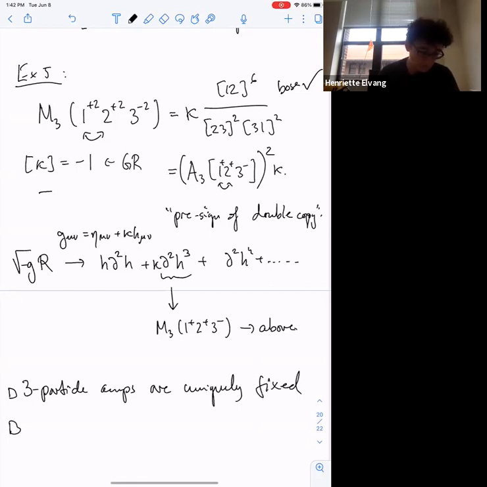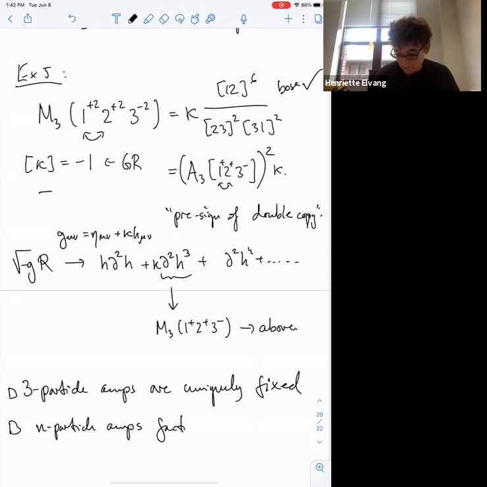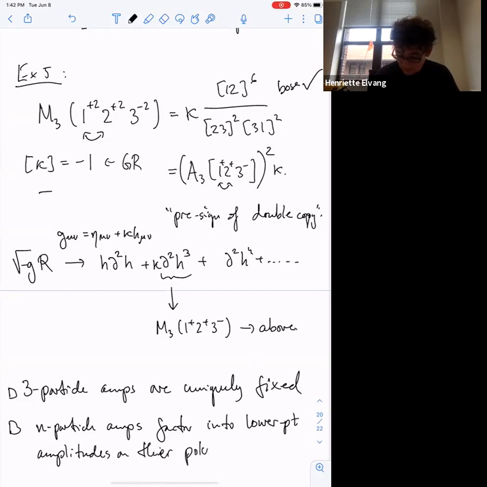And we also know from lecture 1 that n particle amplitudes factor into lower point amplitudes on their poles. And these poles are all simple poles.